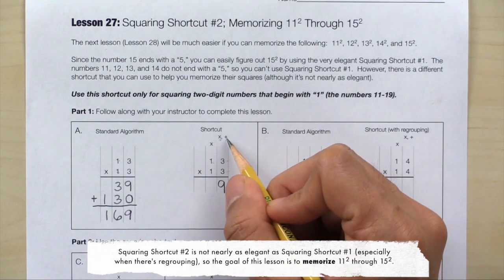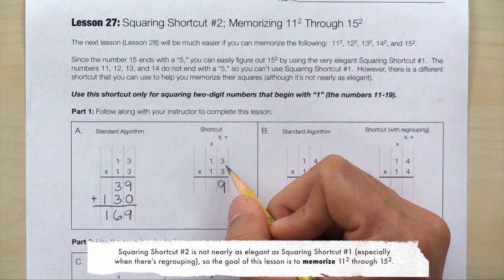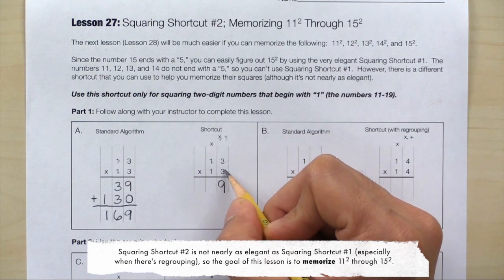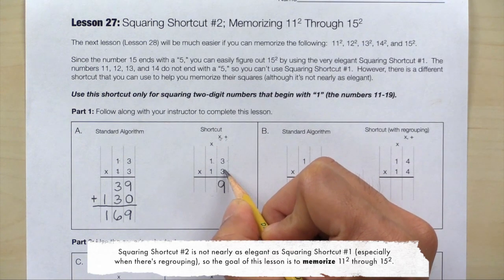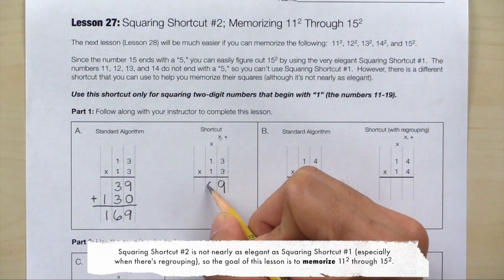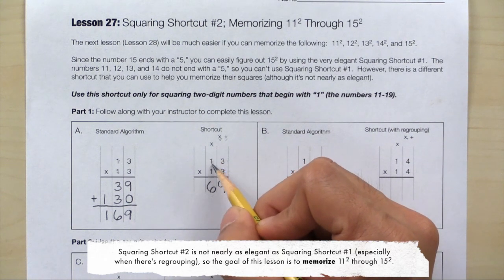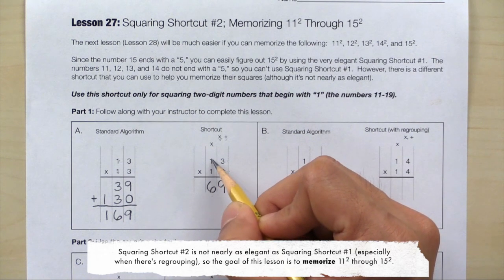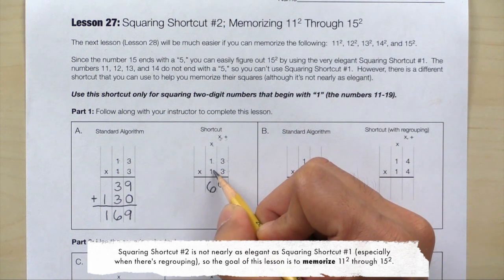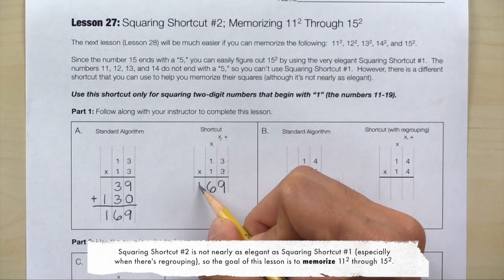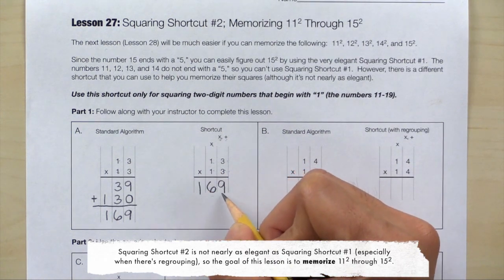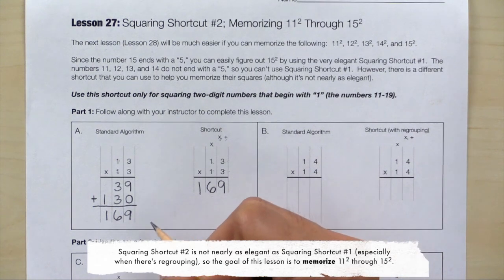Next, let's add the ones place value. 3 plus 3 equals 6. Write it down. For the final step, we're going to multiply the tens place value. 1 times 1 equals 1. Final answer, 169, just like you see here.